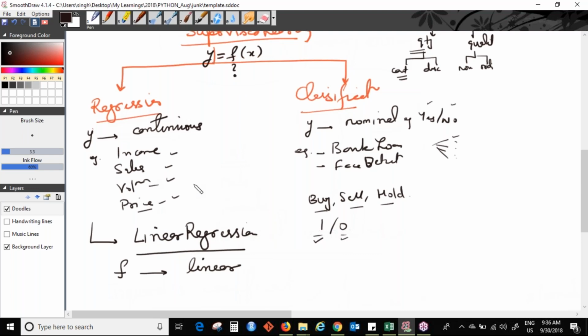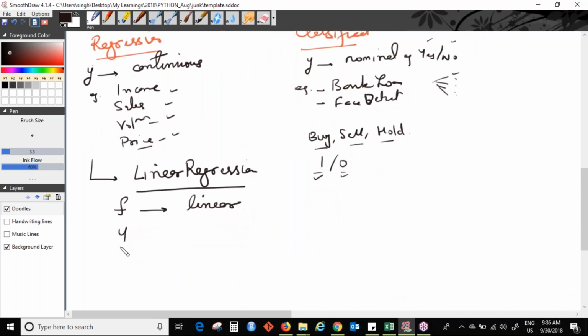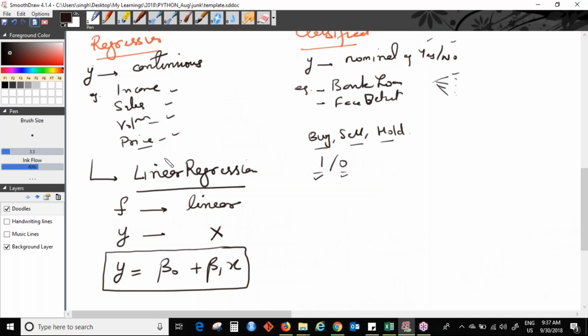So if we have one y, and let's say we have only one x, only one independent variable, then we will assume that the relationship is: y = beta naught plus beta 1 x. This is the relationship we will assume, because it says linear regression.